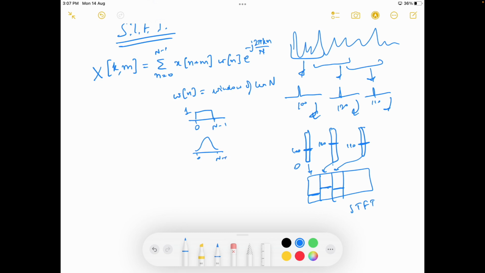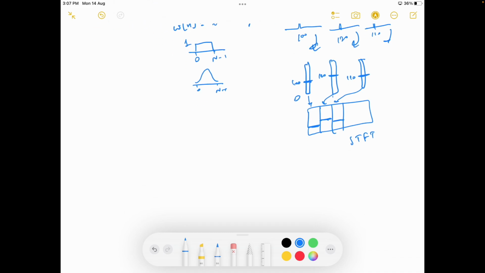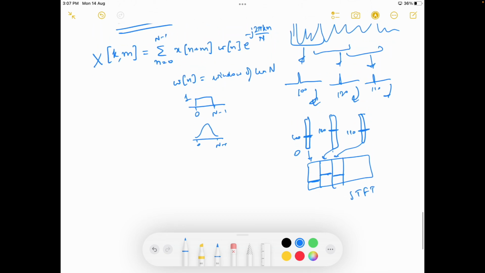It could be so many other kinds of windows possible. I think we have seen some of these windows in that lecture, so I will not repeat it. That's it. STFT done.